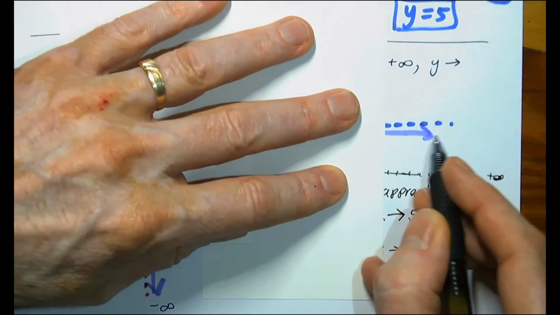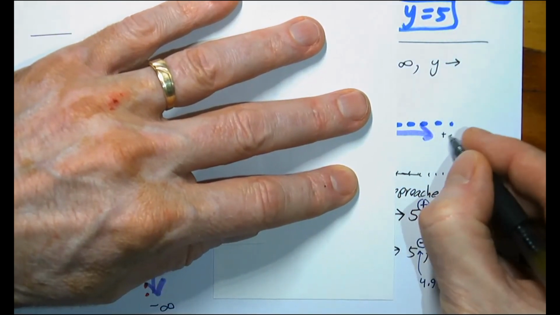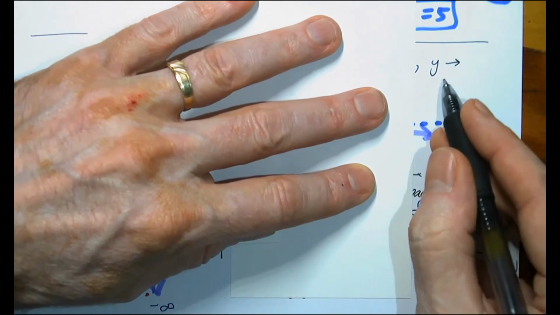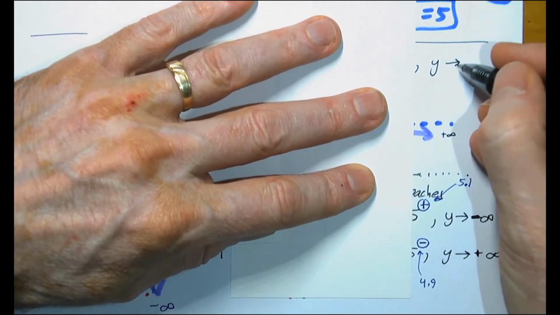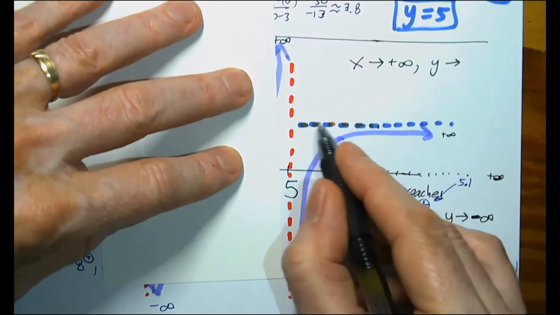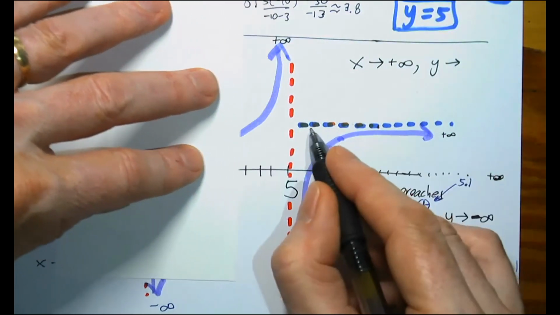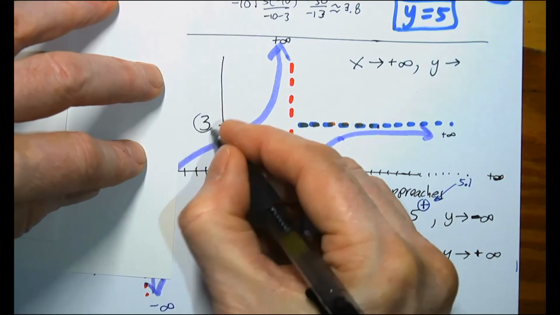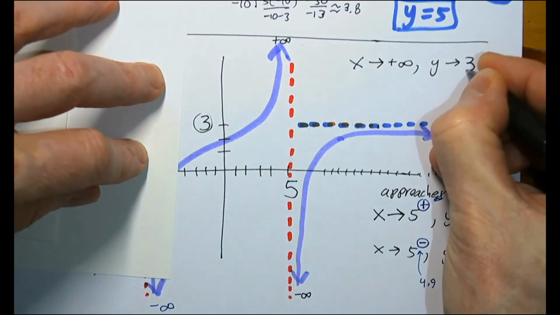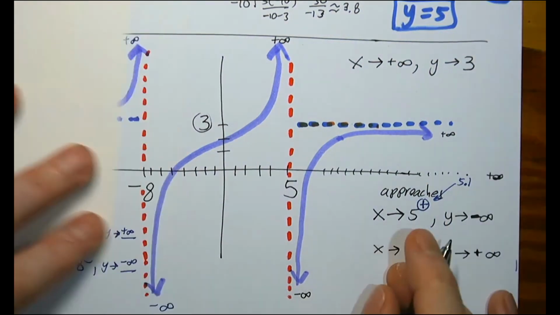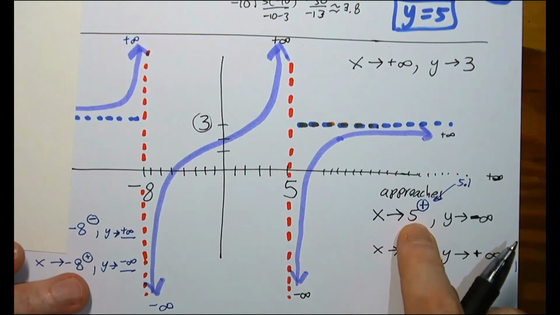here they are, running to infinity, right? They're headed out here to infinity. What y are they headed to? What height? And you go, wait, they're headed to this line, aren't they? Where's that line? Ah, it's at 3. These kids are approaching 3. So we're also going to say what x are you getting near, and what y?